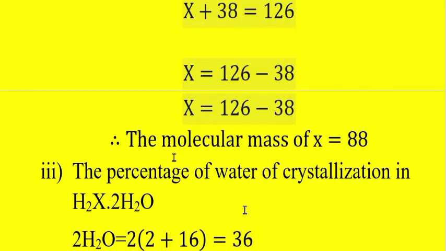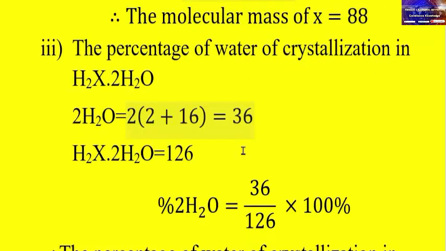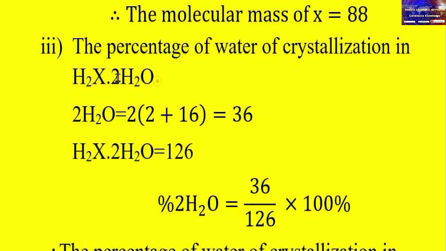The last question: the percentage of water of crystallization in H2X hydrated with water. We need the percentage composition within this compound. We take the mass of the water, divide by the relative molecular mass of the whole compound, times 100%.